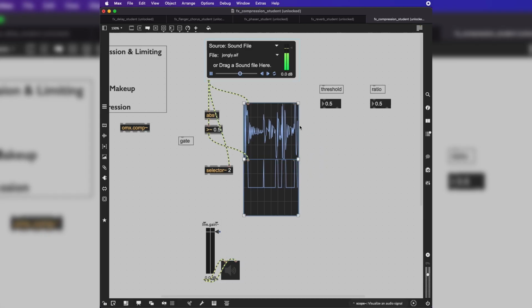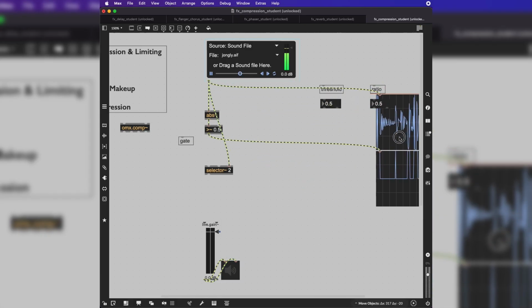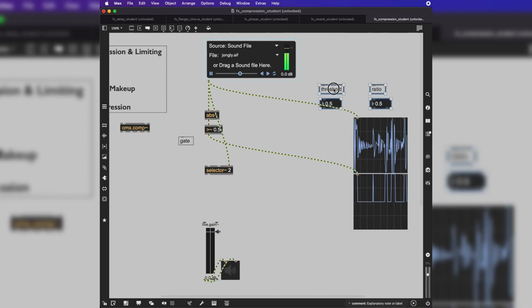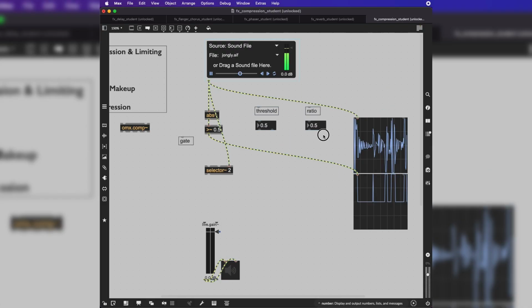We're going to do some maths to compress the signal, but let's just put these here. Now I have a way to tell, because this selector will change. If I give it a signal or number 1, it will play input 1. And if I give it 2, it will play 2.